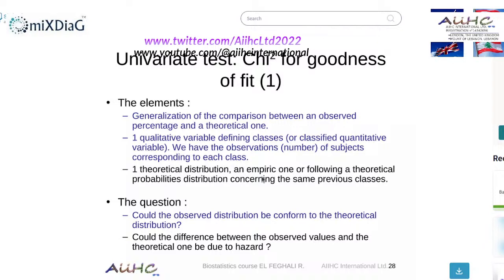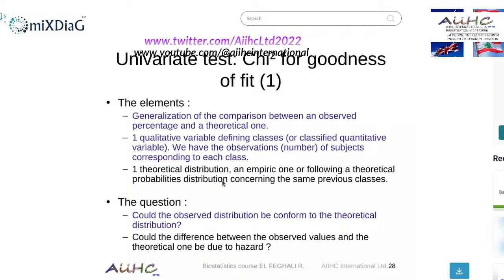So you'll usually have a normal distribution whenever you generate this distribution, because you have a high number of observations. The question: could the observed distribution conform to the theoretical distribution? Well, this is what you'll ask, in fact.